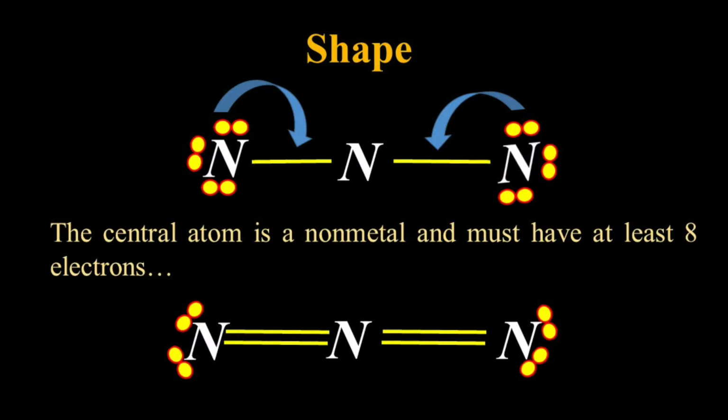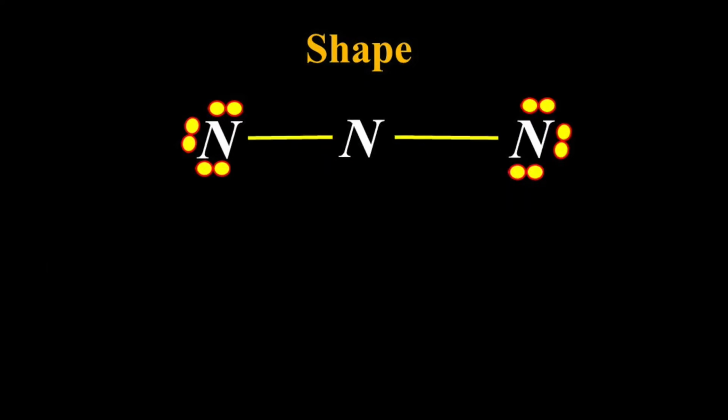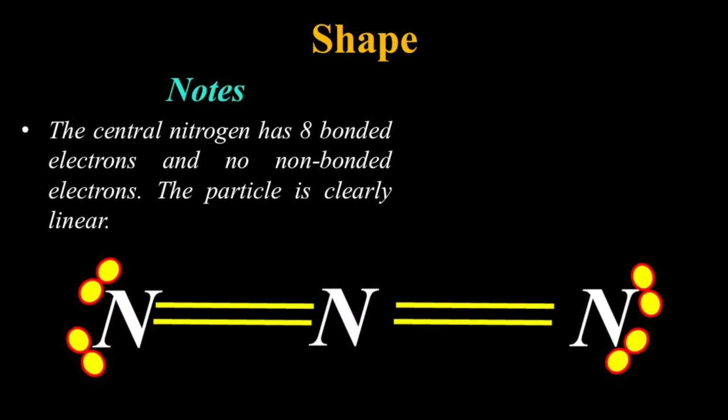So you're going to have to put in 2 double bonds. And it'll be linear because each double bond looks like a single bond. So that's going to be what the shape actually looks like. So the central nitrogen has 8 bonded electrons and no non-bonded electrons. The particle is clearly linear.